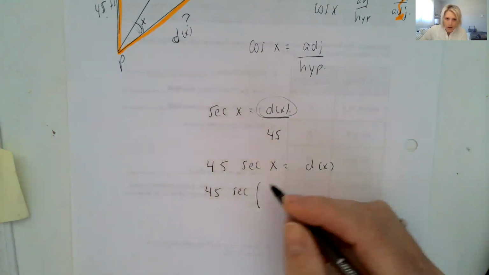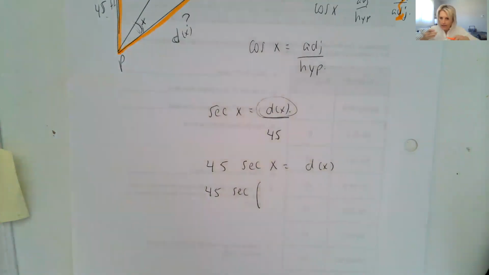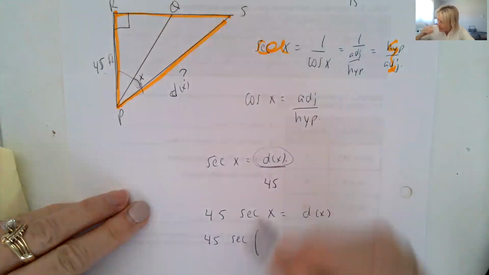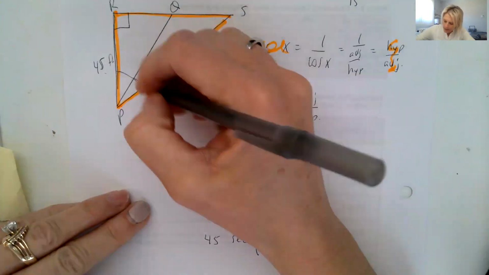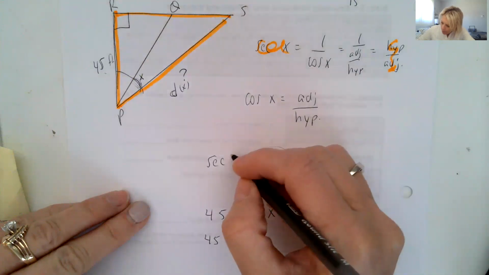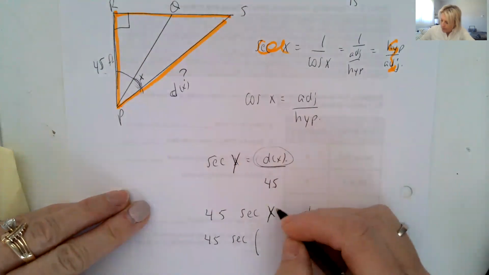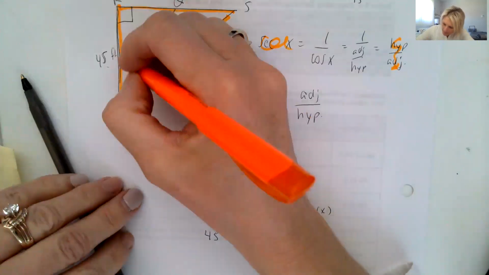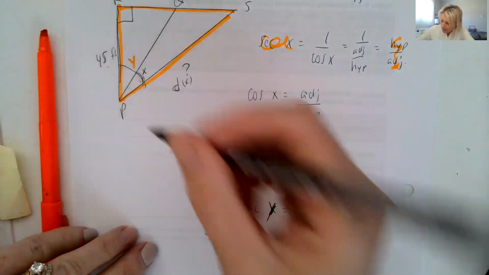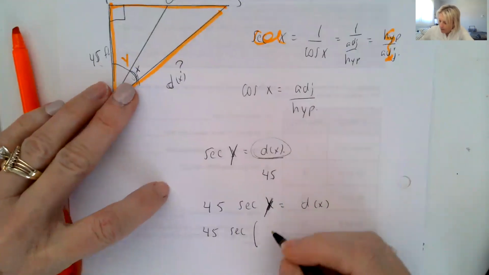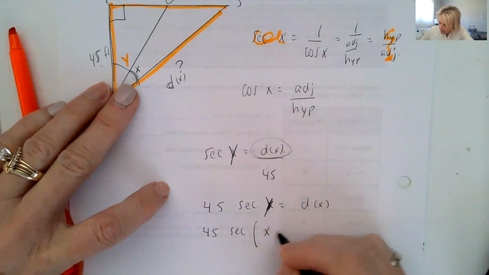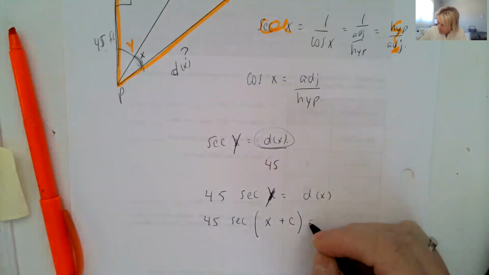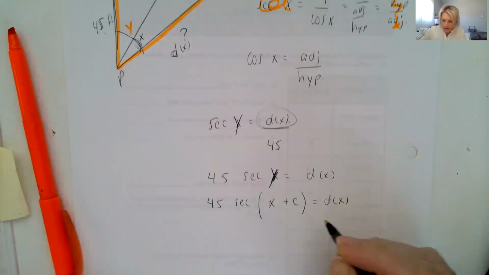But they already told us x, and we're talking about the big X. So we're just going to call this y. The big Y is the big angle, and that angle is made up of X plus some C that they want us to figure out. It's going to be our d of x.